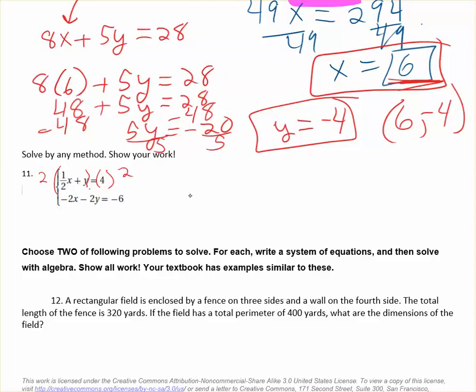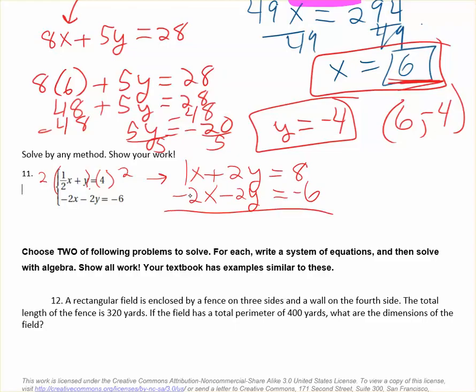I'll just go ahead and multiply both sides by 2, which 2 times 1/2, or in other words, 1/2 of 2, is just 1. So I'm just left with 1x. 2 times y would be 2y, and that's equal to 4 times 2 is 8. And look, what do we have now? We have it set up so that you could use elimination.